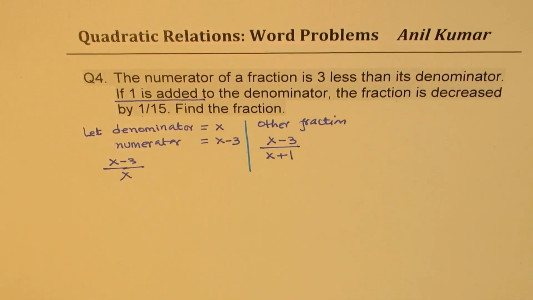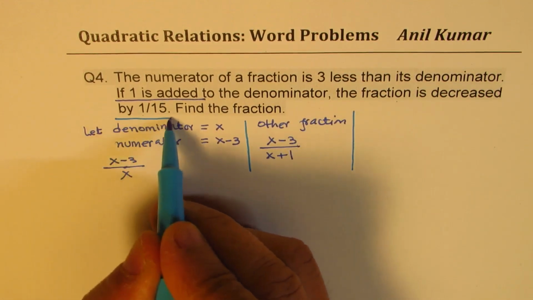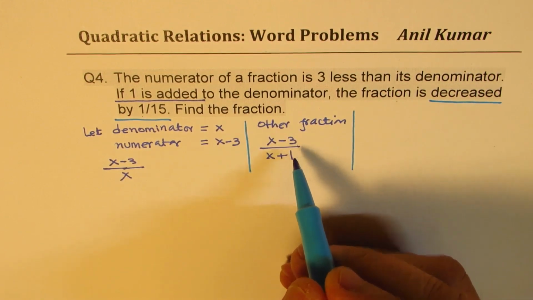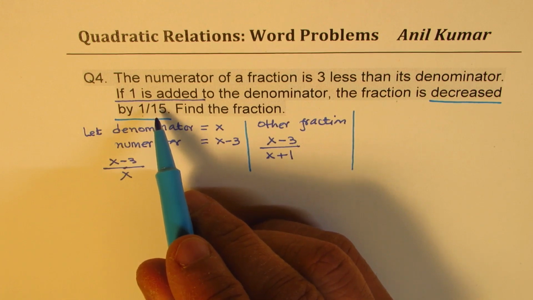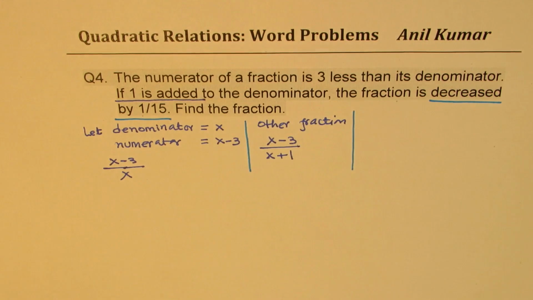Then it says the fraction is decreased by 1 over 15. So the fraction is decreased, so this is lesser, right? That means the difference in these two is 1 over 15. Correct?